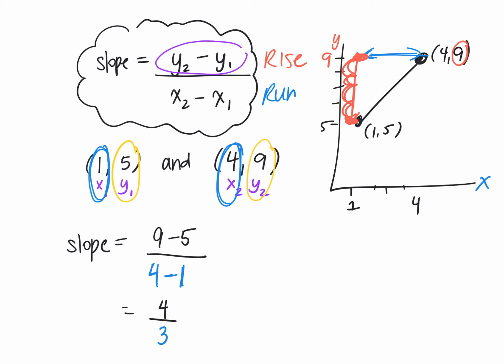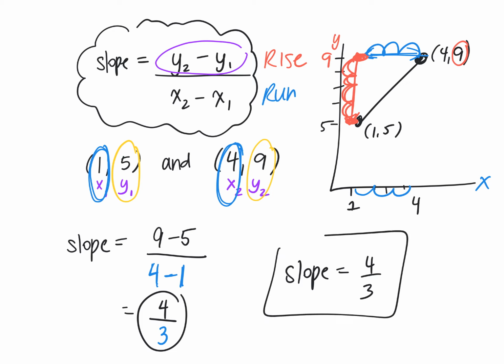Did this go over by 3? Look at it. 1, 2, 3. It's the difference in your x values. So the slope is 4 over 3. That's it. That's the answer. You just have to use this formula and plug in the numbers.